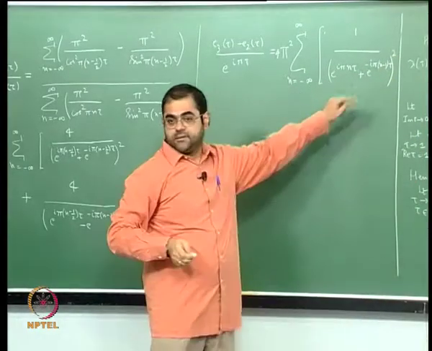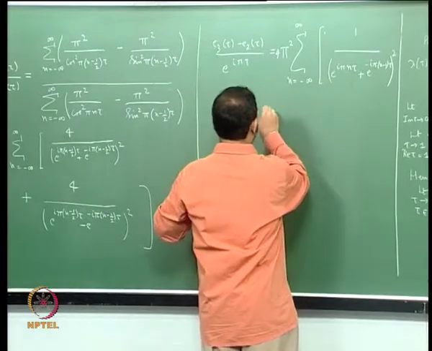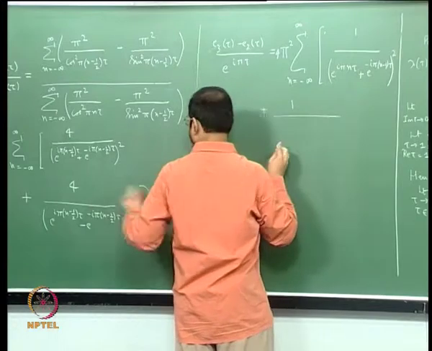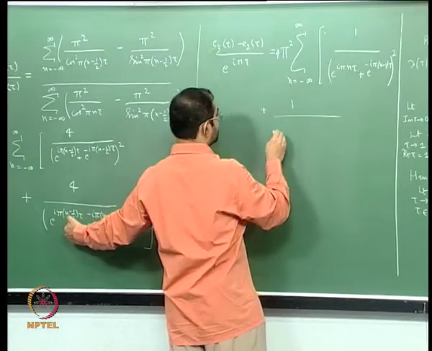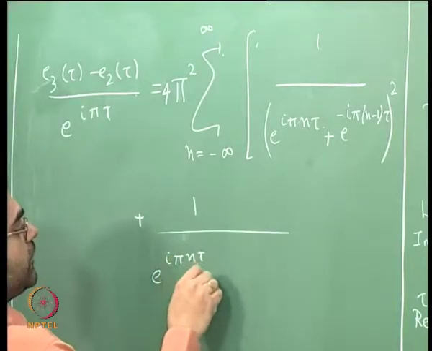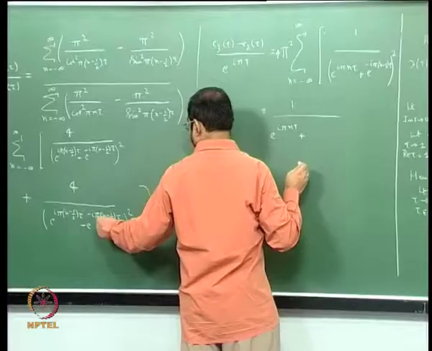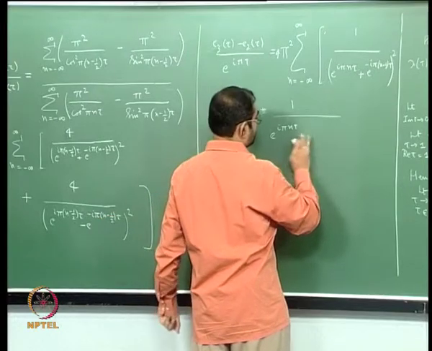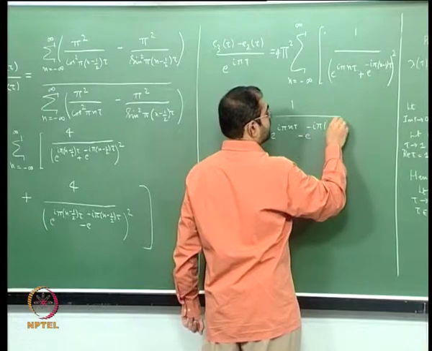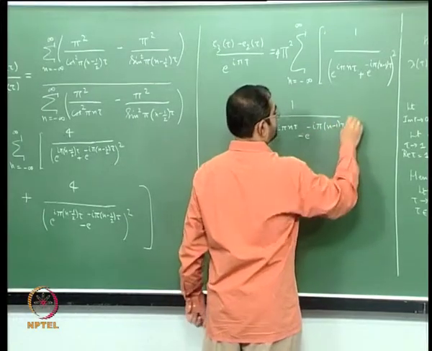And the second term will be the same kind of term, 1 by, I will get here again I will lose this half tau, so I will get e power I pi n tau plus, and here this minus half will become minus 1, so I will get minus e power minus I pi n minus 1 times tau, the whole square.